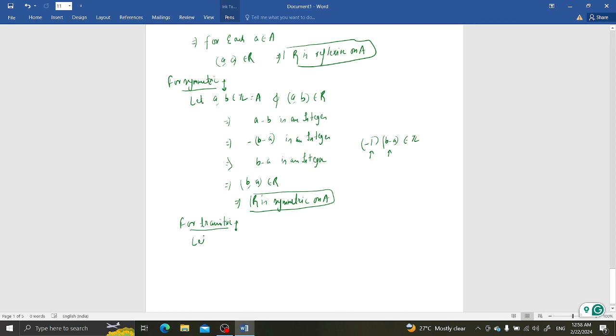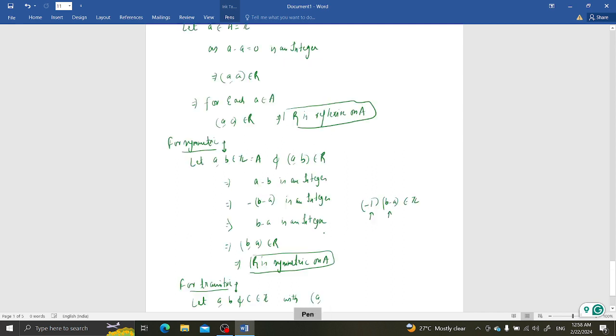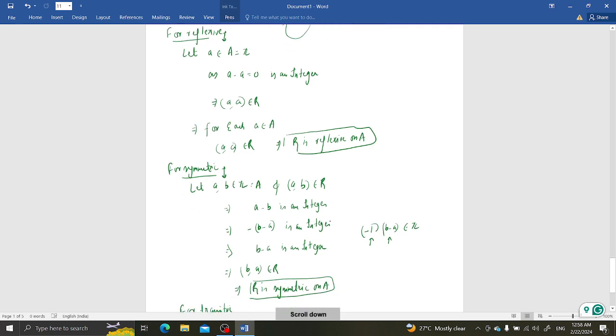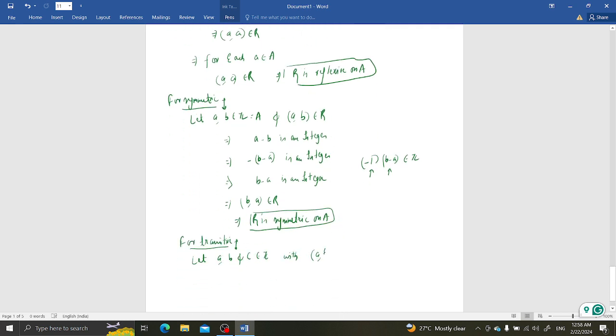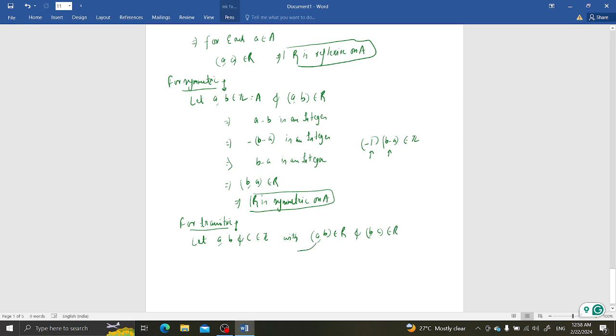Now let A comma B and C belong to Z, with one more thing we need to know: A comma B belongs to R and B comma C belongs to R. If A comma B belongs to R, it means A minus B is an integer.